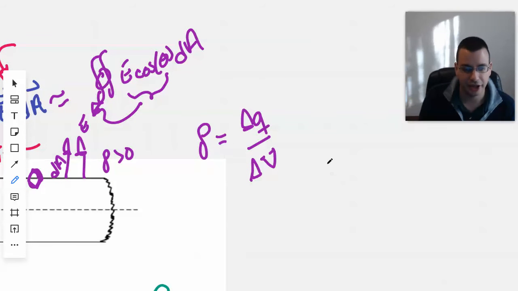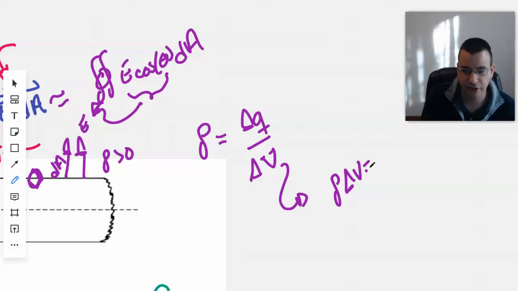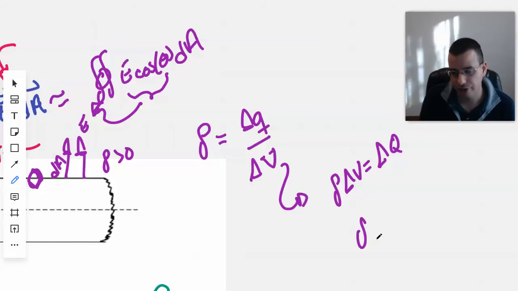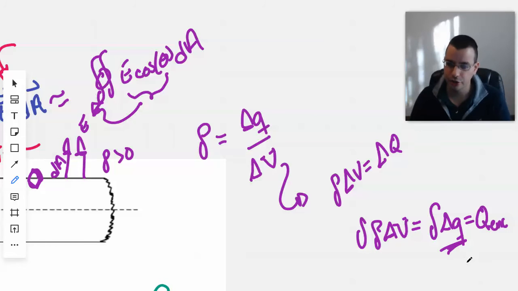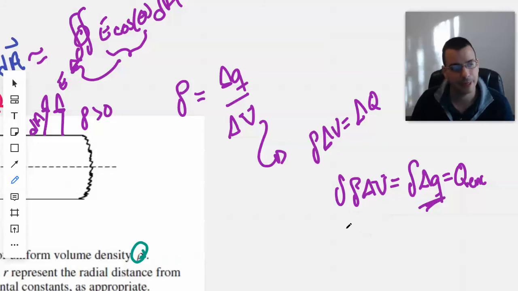Then I rearrange this as rho delta V equals delta Q. To find Q enclosed, I then integrate rho dV, where this is volume, integral dQ. I know I'm not very consistent, that's okay. That will give us Q enclosed, because that's the entire Q enclosed by our volume.